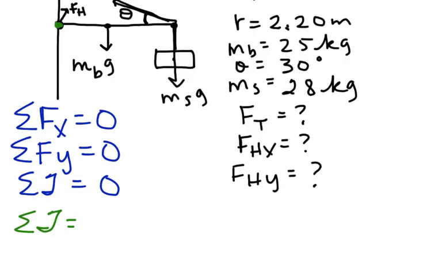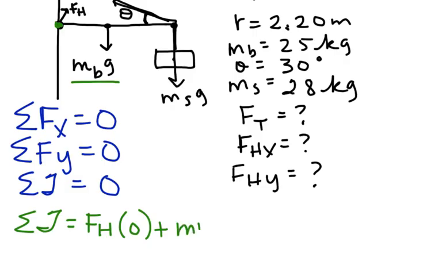And so the first force that I'm interested in is the hinge force. And the distance away from the hinge force, which is the pivot point, in this case is 0, because the pivot point is the hinge force. Now the next force acting on this beam is going to be the weight of the beam itself.